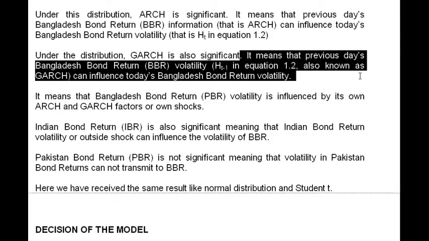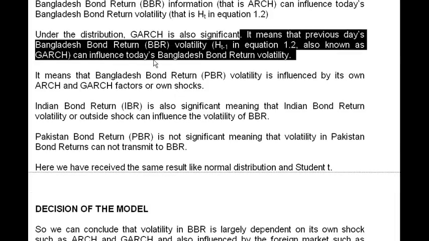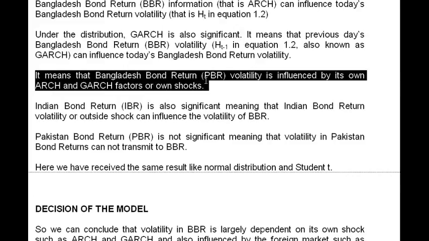It means that Bangladesh bond return volatility is influenced by its own ARCH and GARCH factors, or own shock.